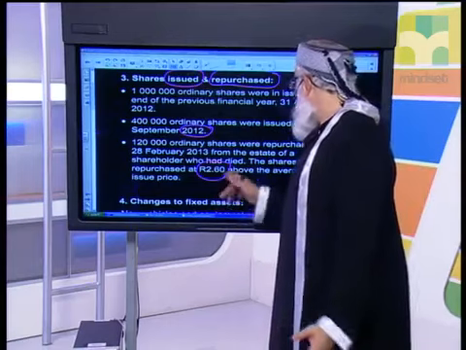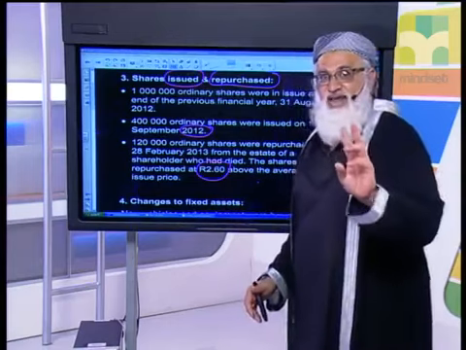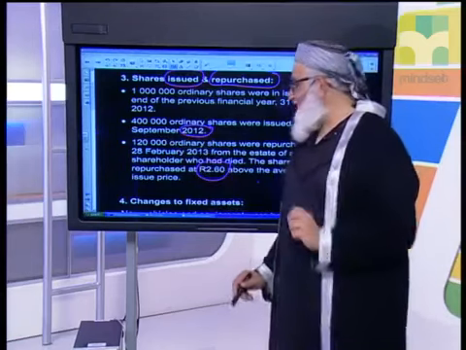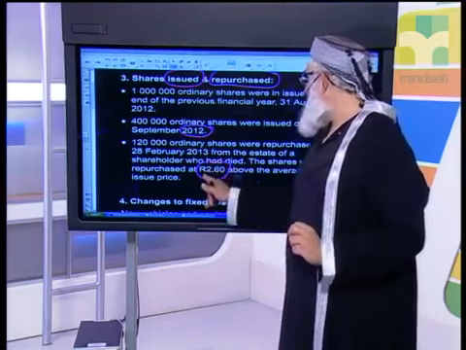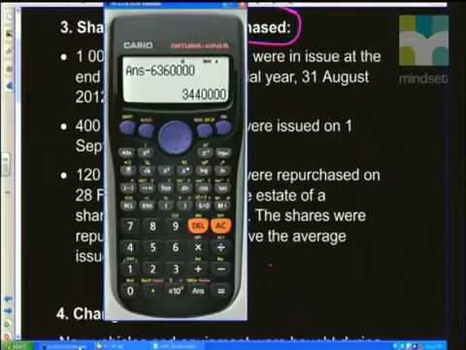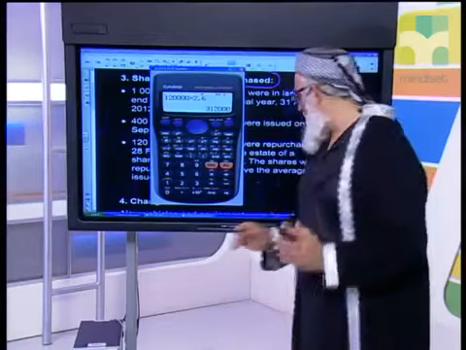The average price was 7 Rand per share. So if you bought back 120,000 shares at 2 Rand 60 above the average price, let's do that calculation: 120,000 times 2.6, and my answer is 312,000.